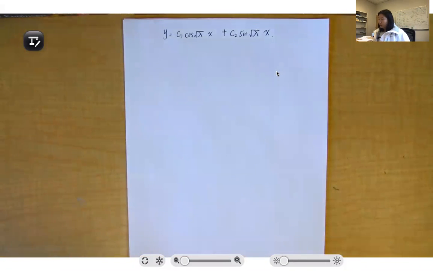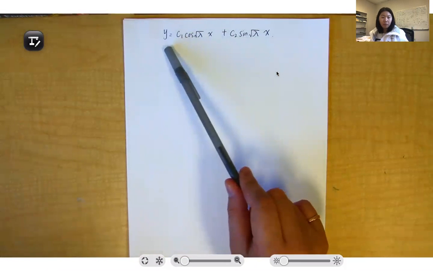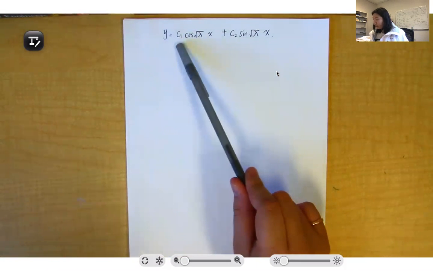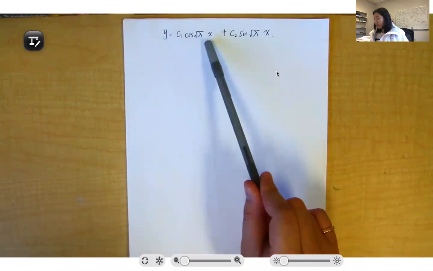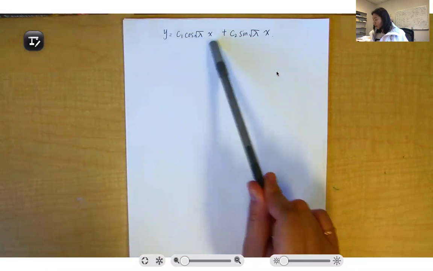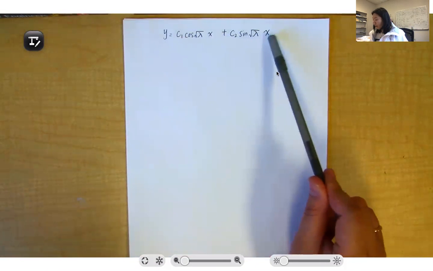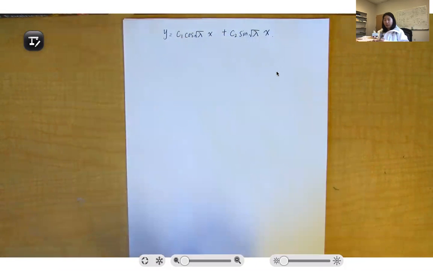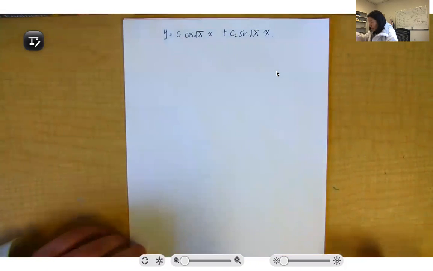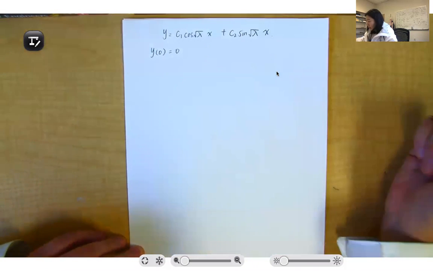So we have our general solution for the SL problem, which is also a homogeneous solution. It's a combination of the linearly independent solutions: C1 cosine root lambda x plus C2 sine root lambda x. And then we have the boundary conditions, which is y(0) equals 0.